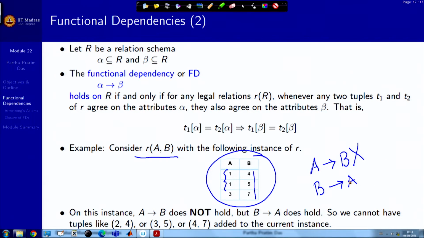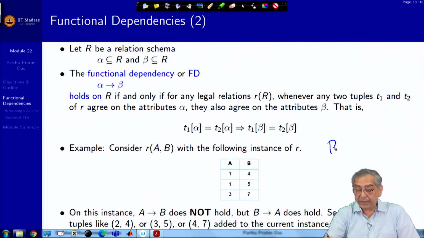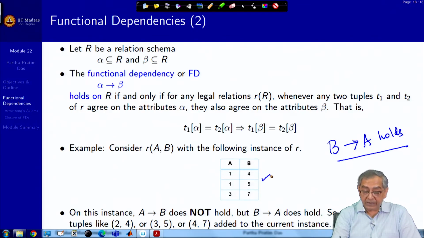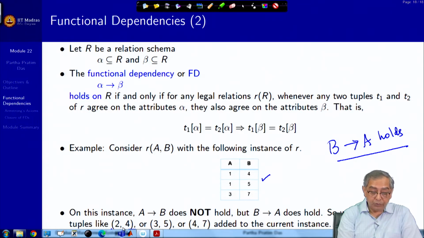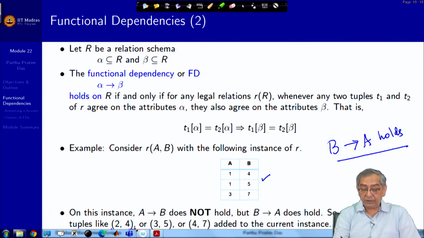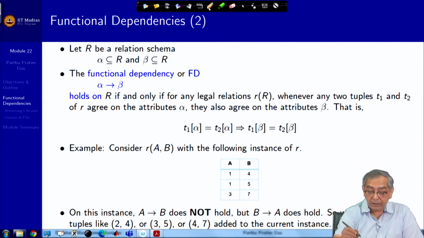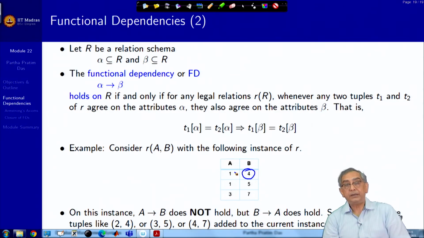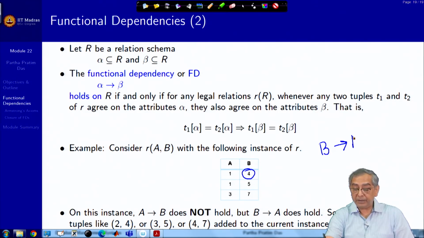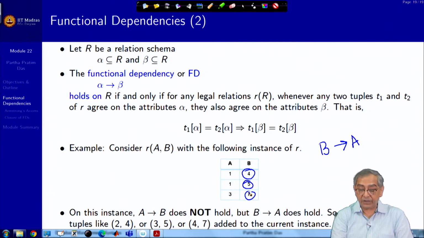But if we assume that B determines A holds, then given this instance, we cannot have a tuple like 2, 4, because 4 is already there, and it cannot have a different value of A given the 4, because I am assuming that B determines A. I cannot have a 3, 5, I cannot have a 4, 7, like that.